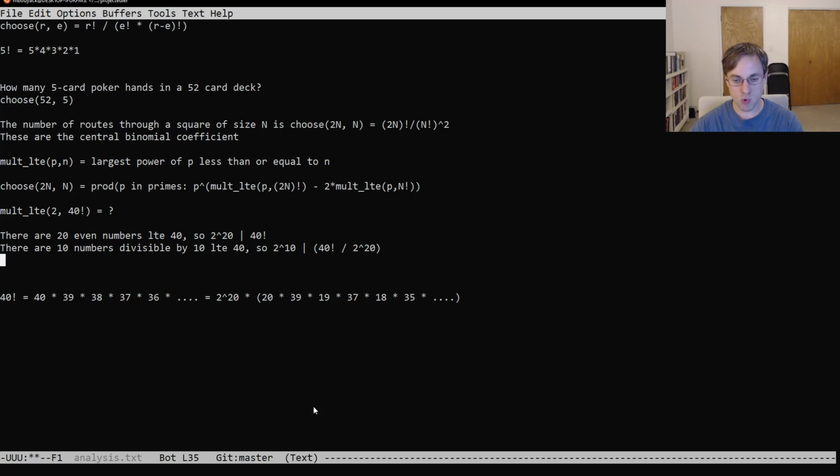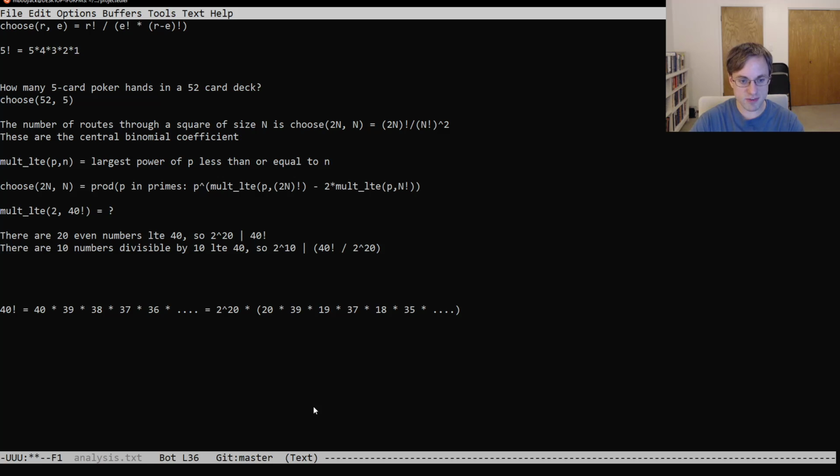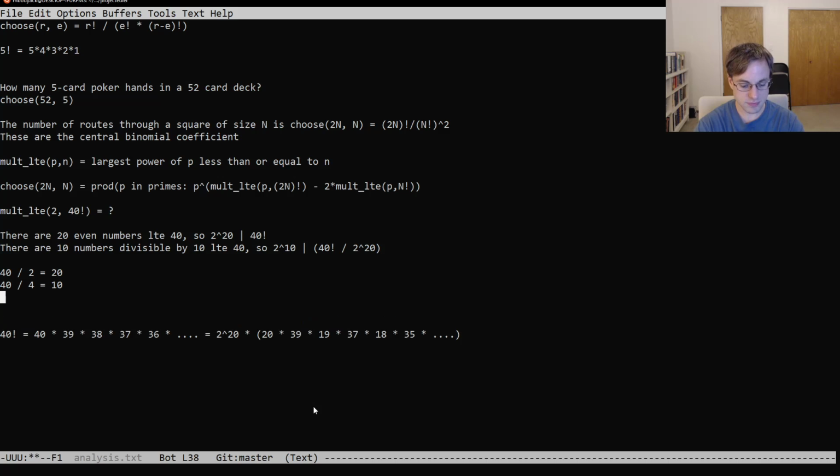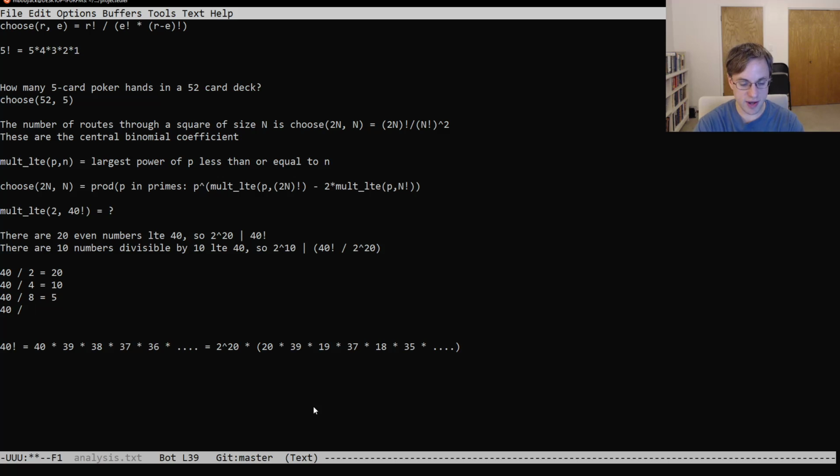I'm going to start being a little bit more terse, but just to summarize what we have so far: 40 divided by 2 is 20. 40 divided by 4 is 10. 40 divided by 8 is equal to 5. 40 divided by 16 is equal to 2.